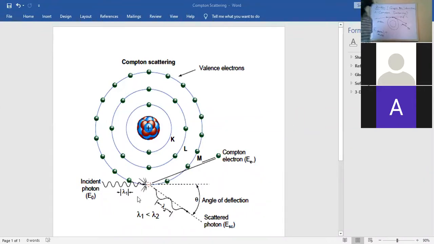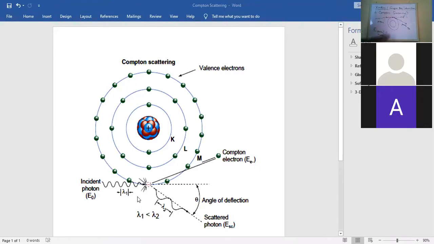So the major thing with Compton scattering is that it is the choice form of interaction when the photon interacts with the electrons in atoms.